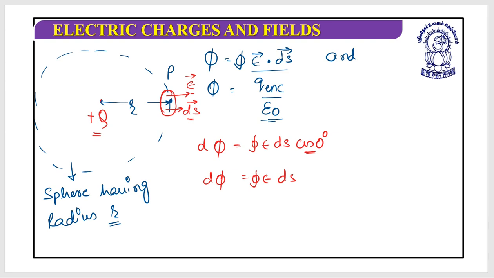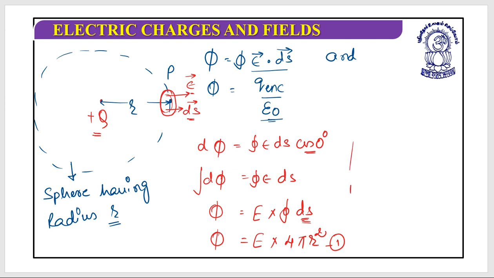Now, if I integrate both sides, this would be phi, and this would be E multiplied by the integration of dS. The integration of dS over the whole surface gives me a sphere, and the surface area of a sphere is 4 pi r square. So E multiplied by 4 pi r square should be the flux. Let's say this is relation 1.